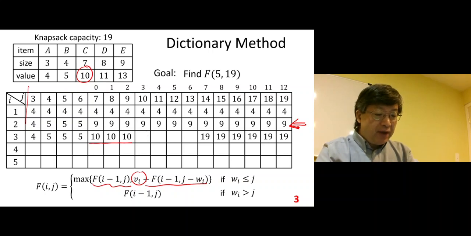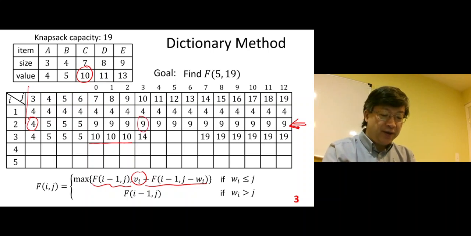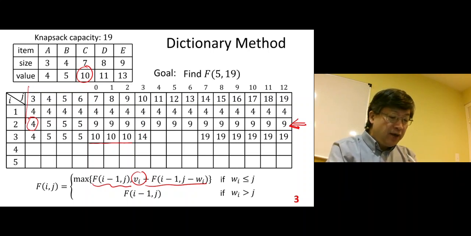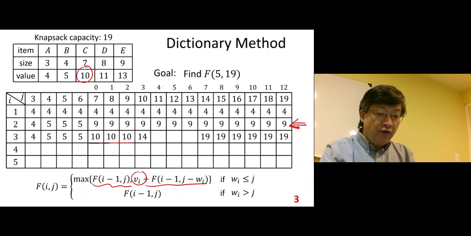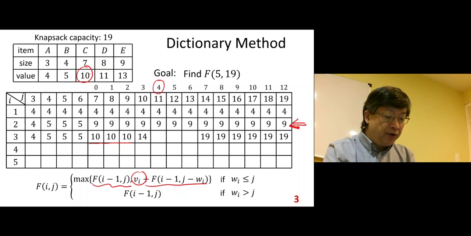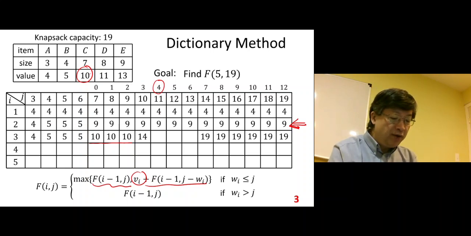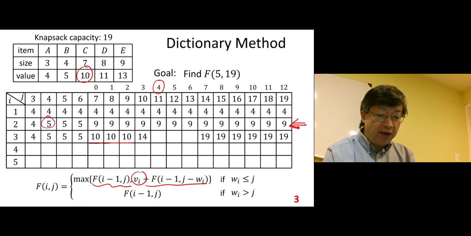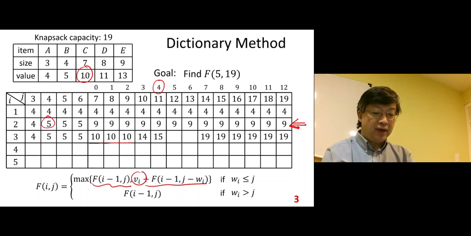This time, still 10 plus the number corresponding to 3, so 14. 14 is higher than this one, so we use 14. Next one, 4: 10 plus the number under 4, second row, this one. 10 plus 5, 15. 15 greater than 9, so we put 15 here.